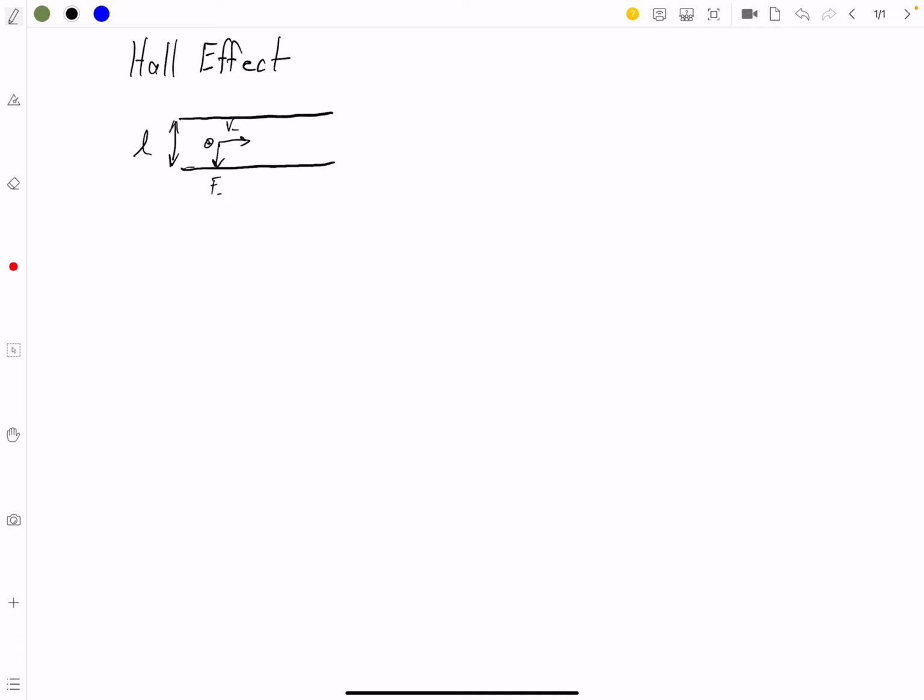It's our V negative. So we end up with our negative charge, which means if our charge is going that direction, our current is going in that direction. We've got pluses up here because the charge is wanting to go down. We've got negatives down here.